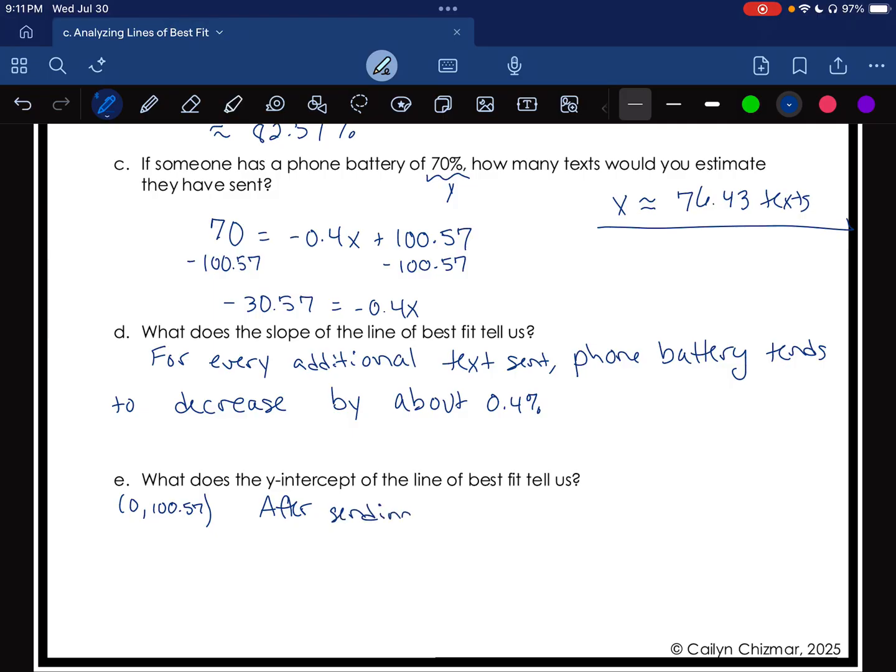Especially when you're talking about something like time, sometimes it doesn't always make sense. So it's something you're going to have to look for, right? They're not always a perfect system. All right, so there you have it. Analyzing lines of best fit and running your own linear regression, either on a TI or on Desmos.